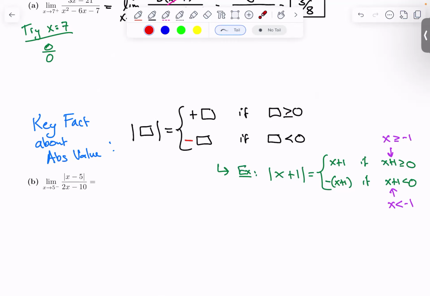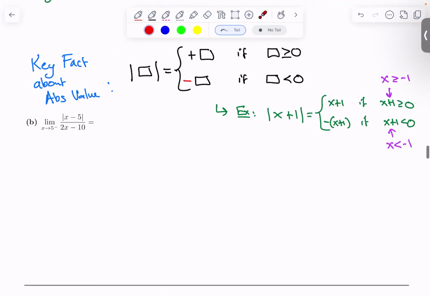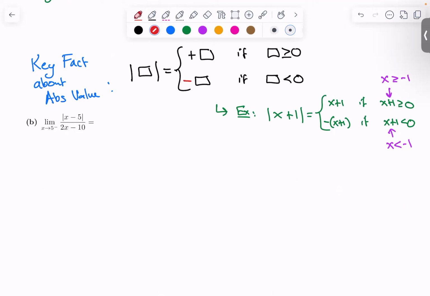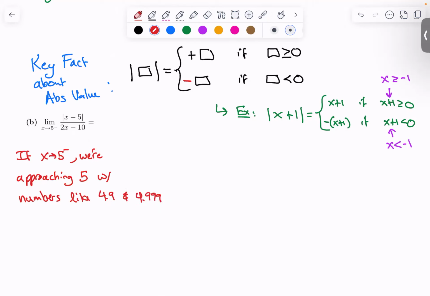But let's see it here. If x is approaching 5 from the left, we're approaching 5 with numbers like 4.9 and 4.999. So x minus 5 would be positive or negative?